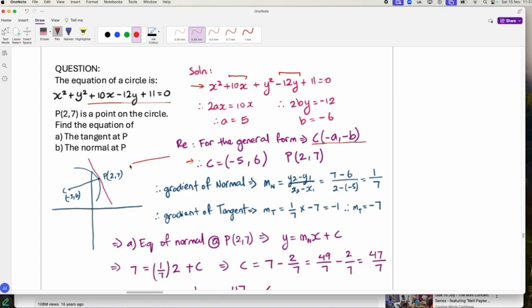So now I could draw a sketch. I could see the sketch there. The center is (-5, 6). The point P is the point (2, 7).